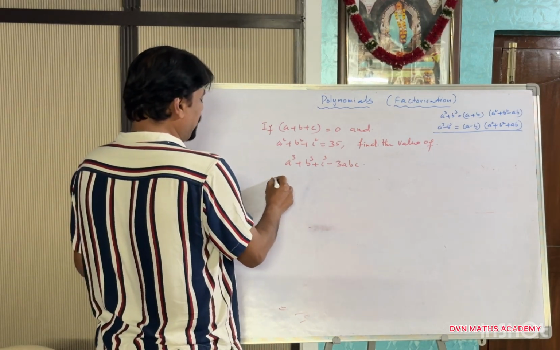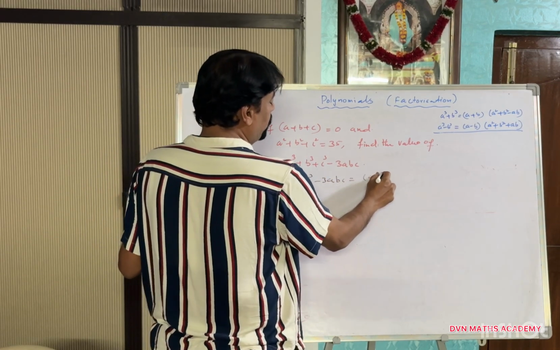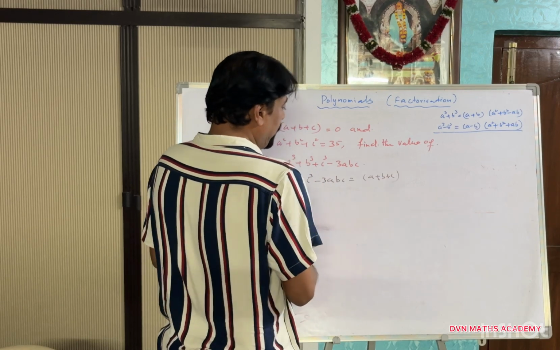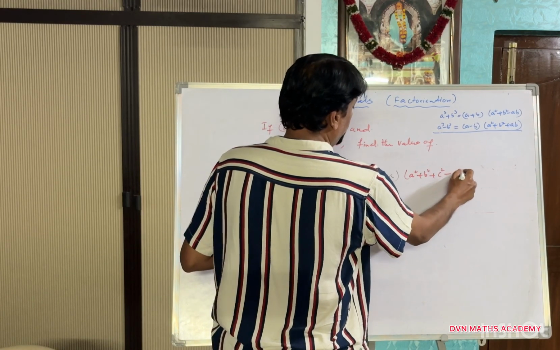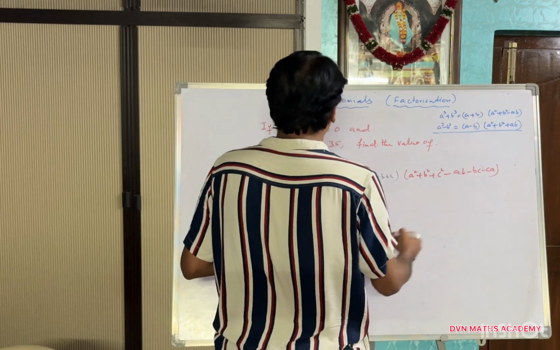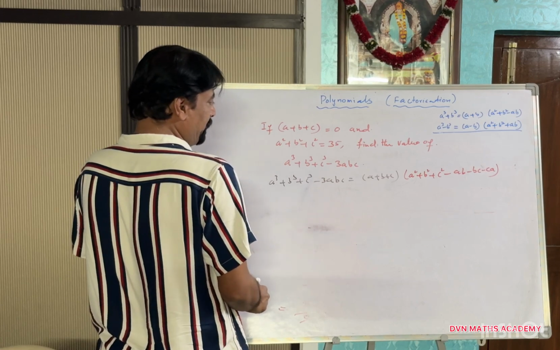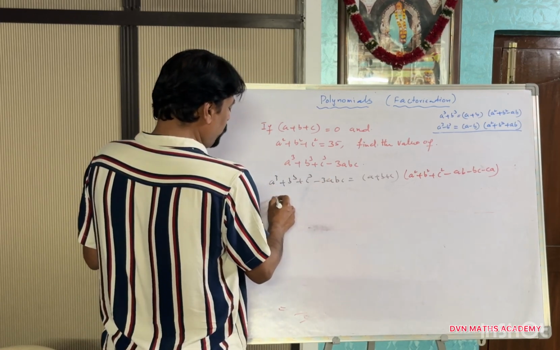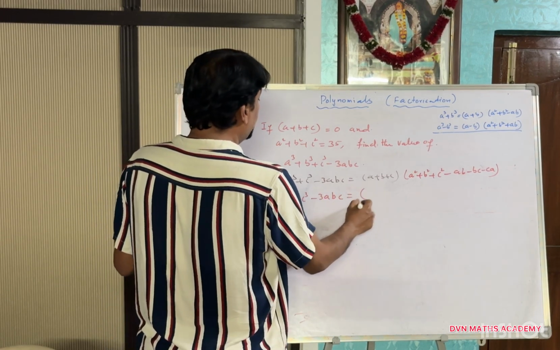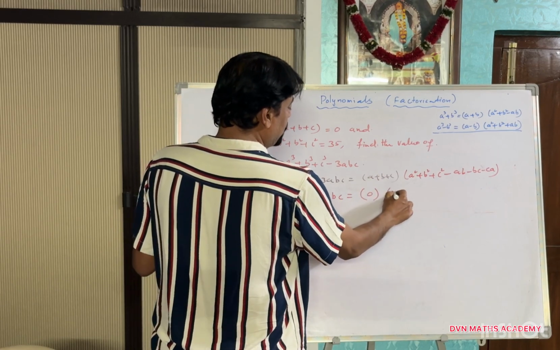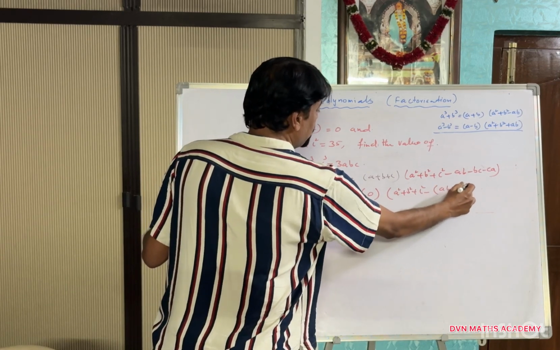So you know that A cube plus B cube plus C cube minus 3ABC is equal to A plus B plus C times A square plus B square plus C square minus AB minus BC minus CA. Here A plus B plus C is given, times A square plus B square plus C square minus AB plus BC plus CA.